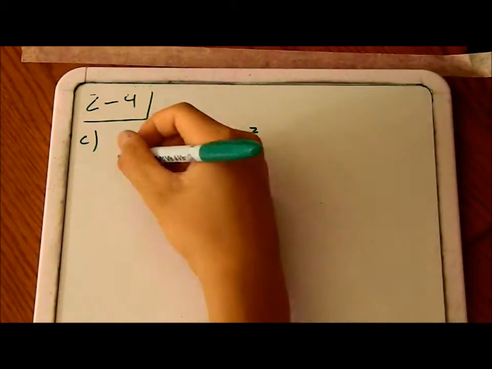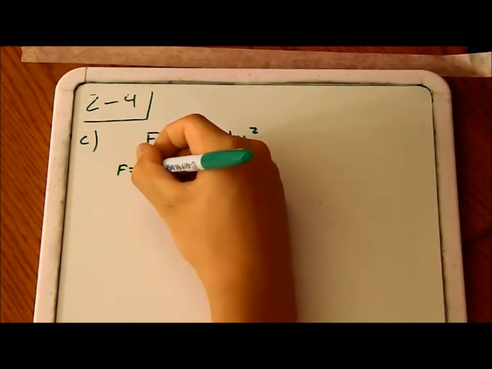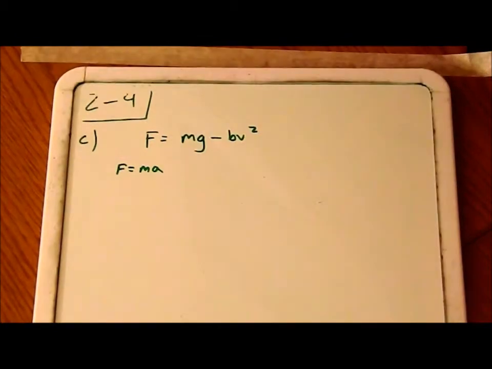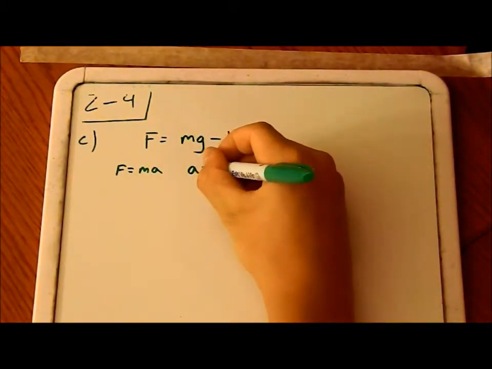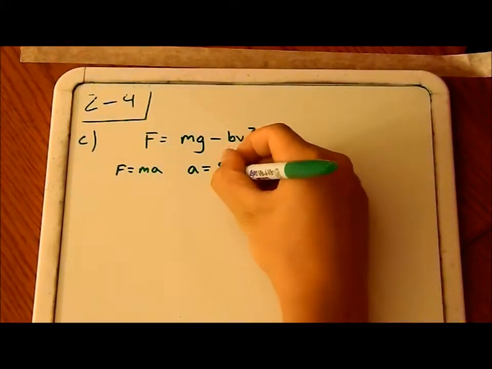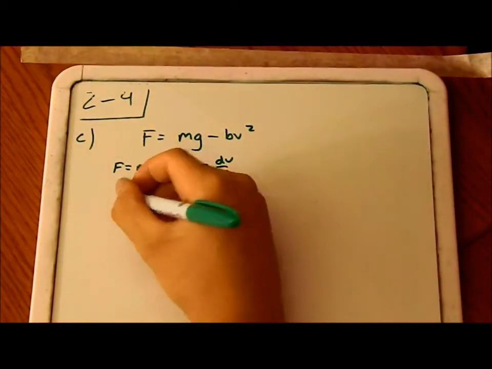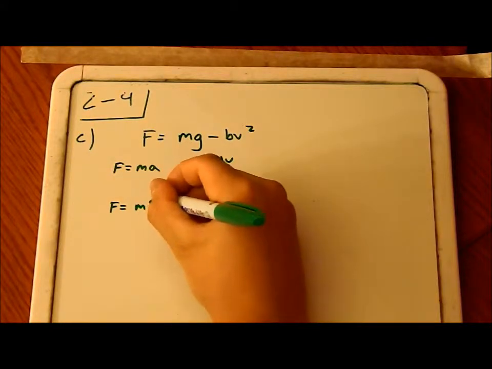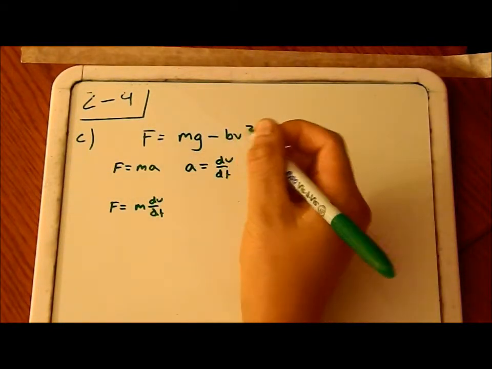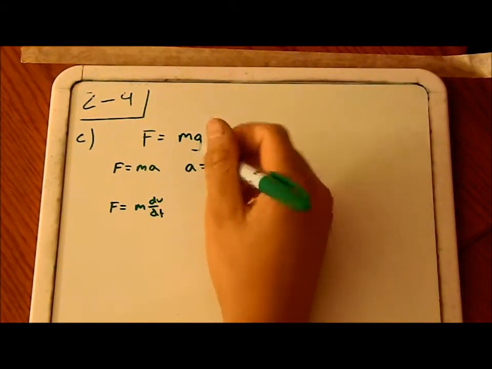And then we also know that F equals ma. It's a differential equation, so we're going to try to get dv dt. And we can get that because a is also dv dt. So then F equals m dv dt, and we can set these two equations equal to each other.